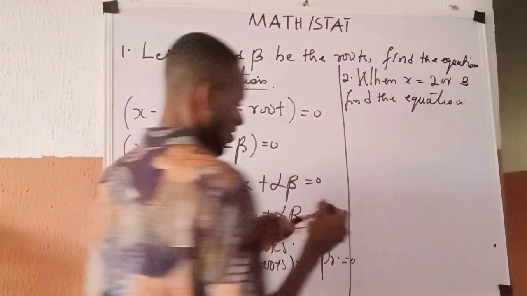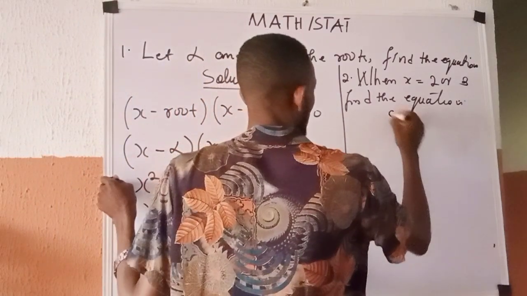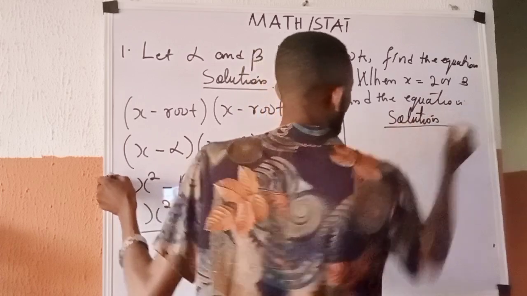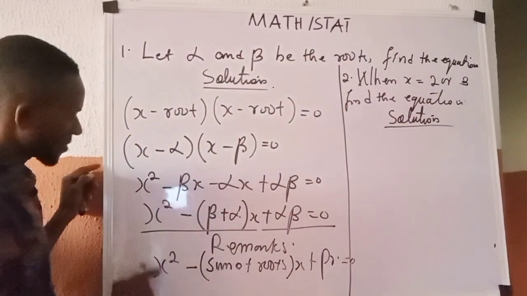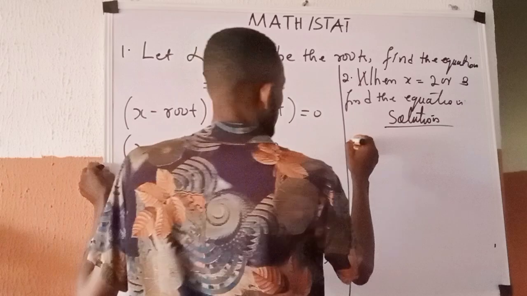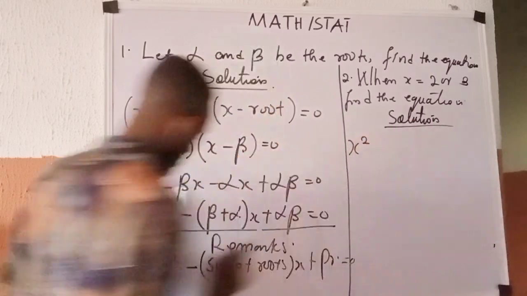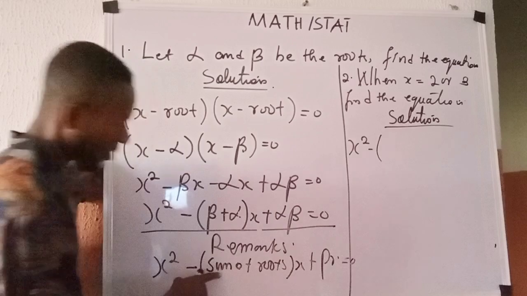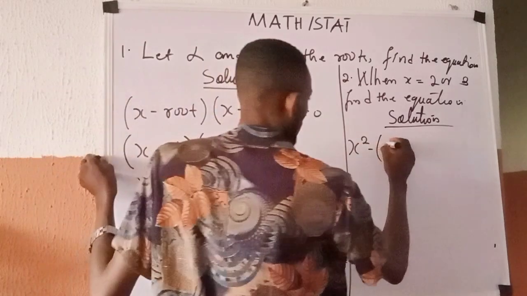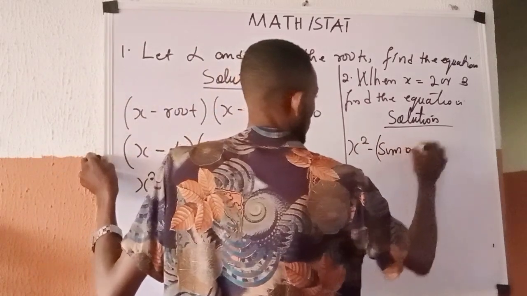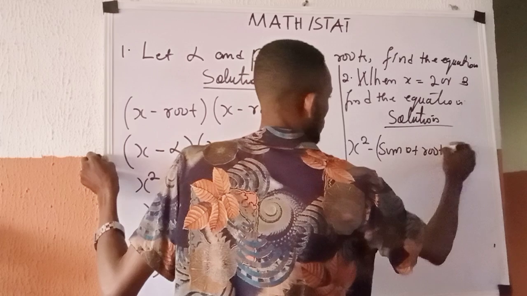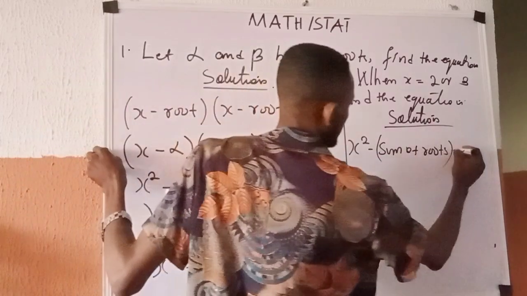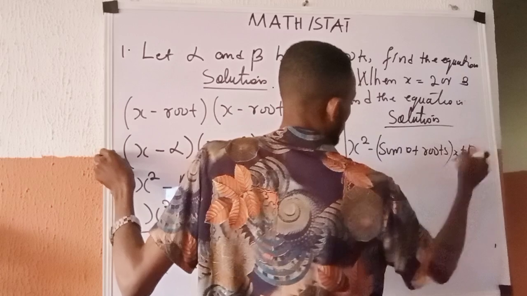So I am going to return to what I have done here with you. I'll just quickly come here and write solution. What we have established here is x raised to power 2. So I have x raised to power 2. The sign I have here is minus, open a bracket. What I have inside is the sum of roots. So I'll write sum of roots. Close it. The sign I have here is plus, x plus the product of roots.